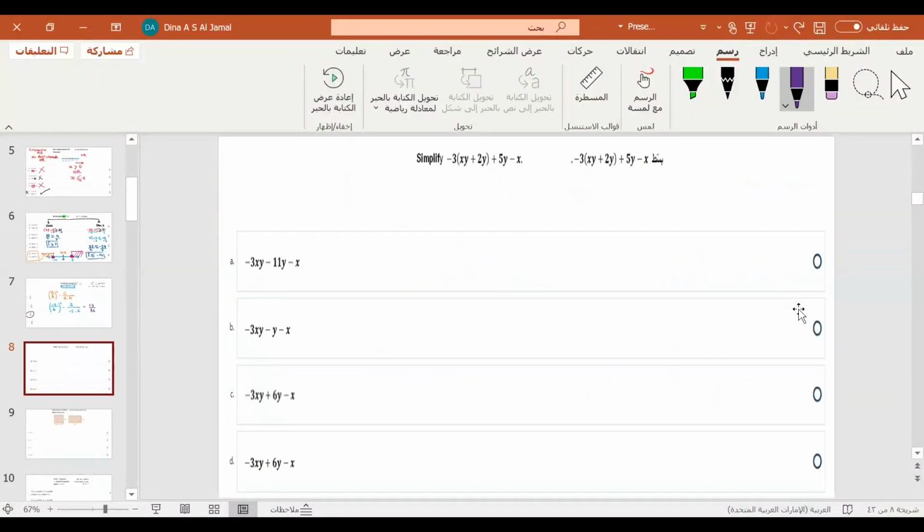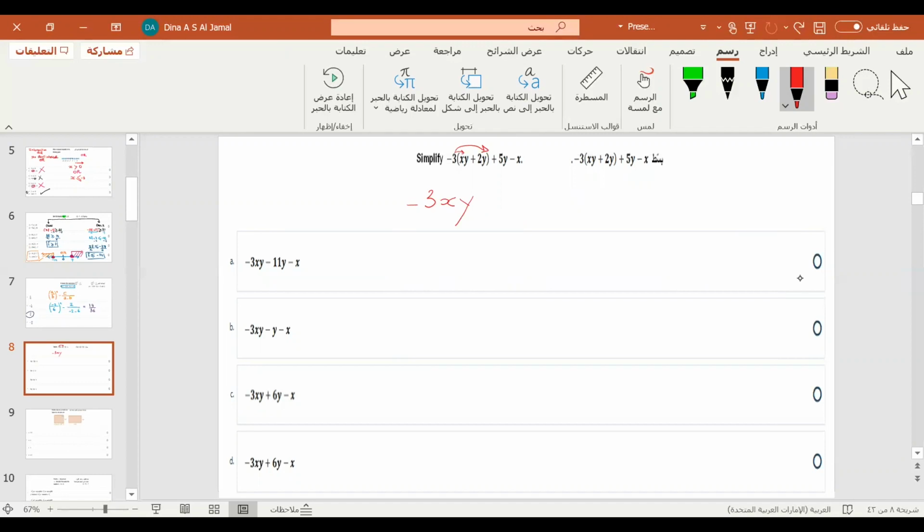Now let's go to the other question, simplifying the expression. So when you simplify the expression, you are having brackets here. So mostly you have to think first of the distributive property. So you can just put the arrow from the beginning. So minus 3 multiplied by the first term is minus 3xy.